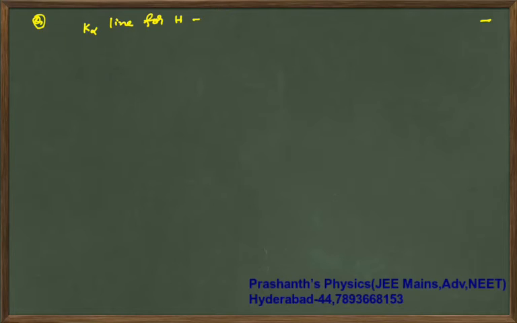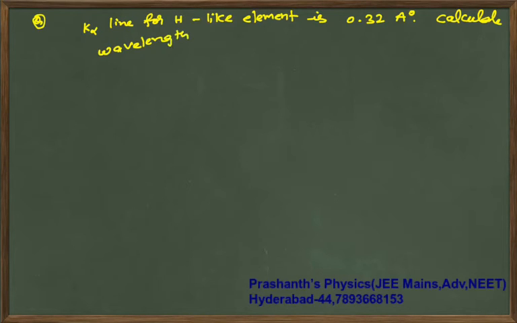It's not a hydrogen atom, it is a hydrogen-like element, and it is 0.32 Angstrom. Calculate the wavelength of the K beta line emitted by the same element.